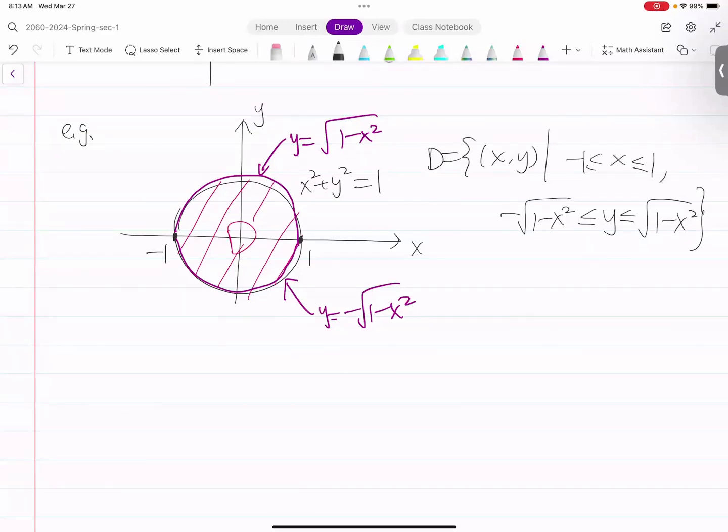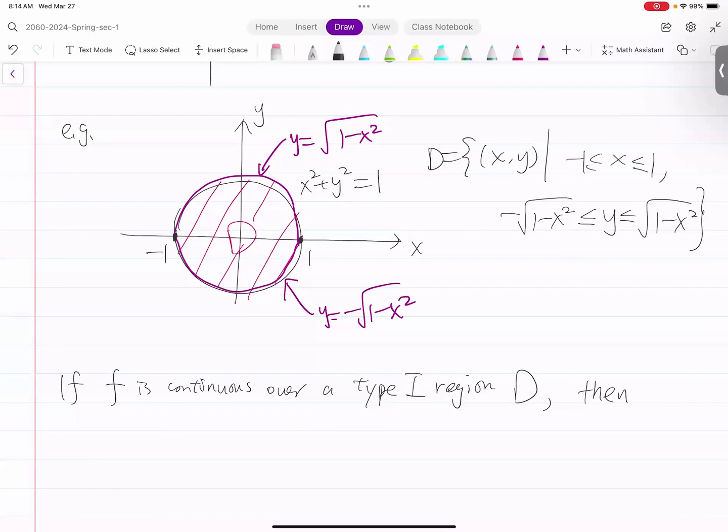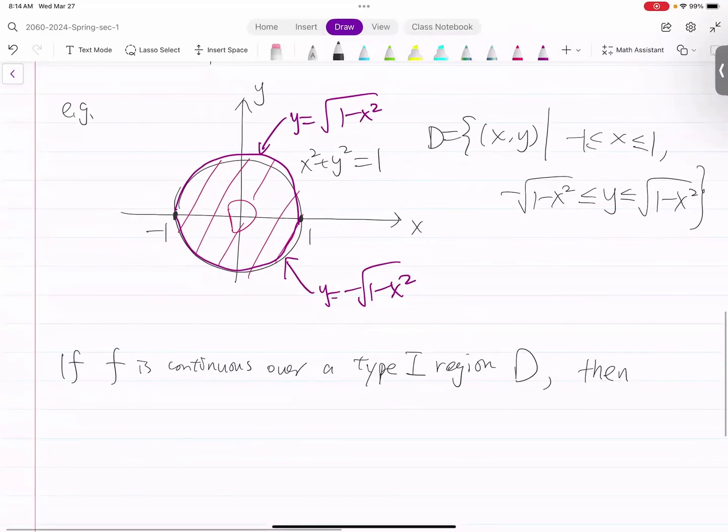All right. So if a function f is continuous over a type 1 region D, then we can define the double integral over this region by the following calculation.